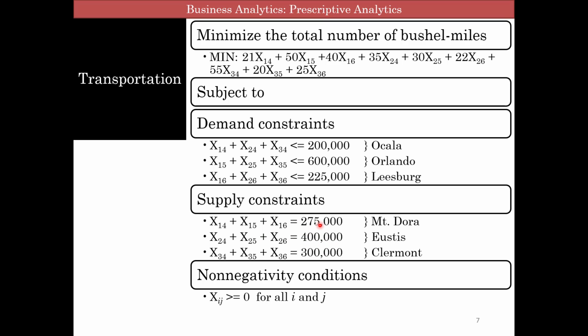If you have 1,175,000 and you need only 1,025,000, right? Then you're not going to send everything. You're only going to send what is demanded because it costs you, right? So therefore, this will be less than, this will be equal to. If they are both equal, then both sides will have equal to constraints.